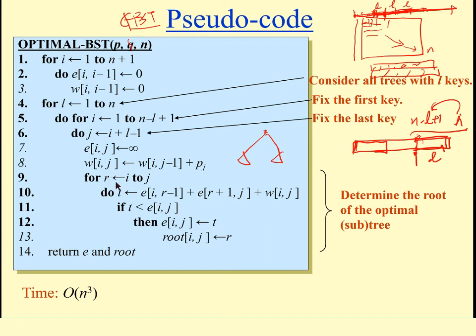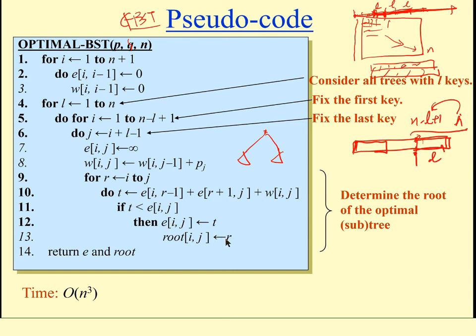So we loop over all the possible roots, choose any one as the root and then find the solution. We compare with the previous solution E(i,j). If the current one is smaller, we replace the optimal solution with the current one. This is t compared to E(i,j). If this one is less than the previous optimal solution, we assign the current one to be the optimal solution.